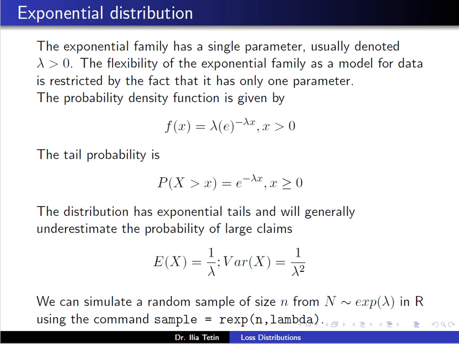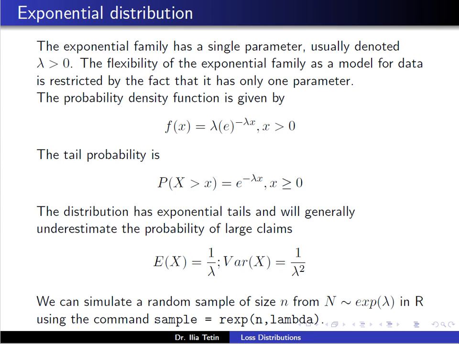The density function tails off exponentially as x goes to infinity, and the distribution function is 1 minus e to the power of minus lambda x, because the tail probability is like that, so the distribution function will be 1 minus that.